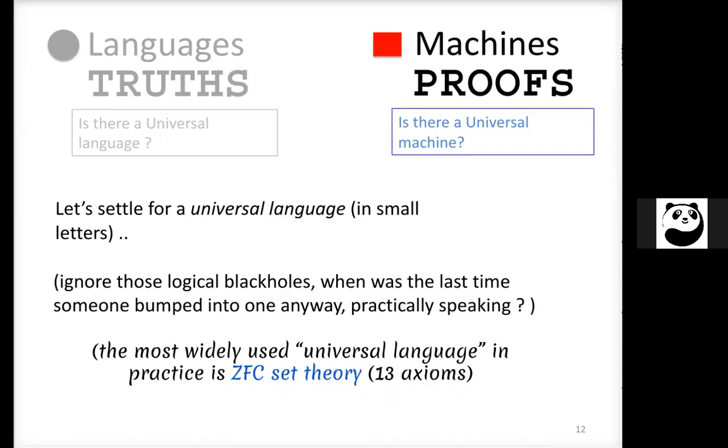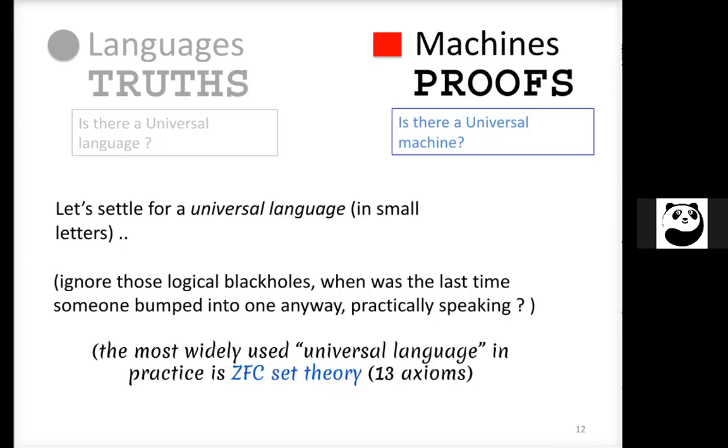It's not like we are stumbling upon a logical black hole every day. In fact, in the first two sessions, when I introduced those problems, 3-SAT, knapsack, etc., the symbolic representation that I presented them in is in fact using the alphabet of this language. And it's the most familiar language.